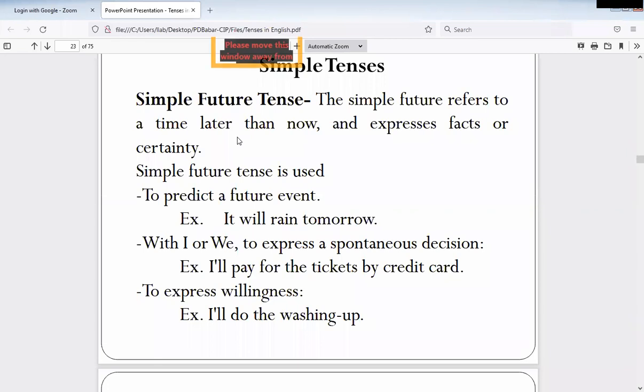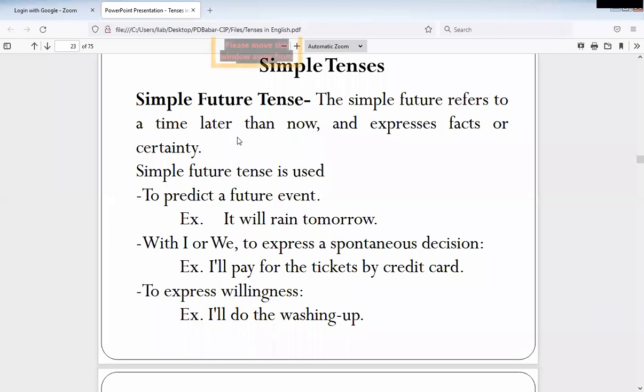Let's see an example of this first subtype, that is to predict a future event. It will rain tomorrow. This is the expression that comes in the simple future tense.